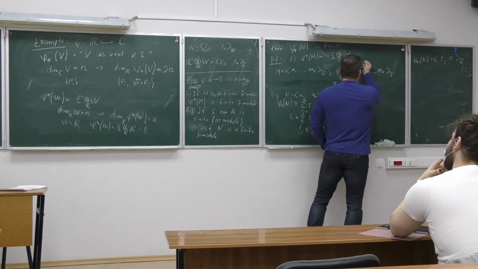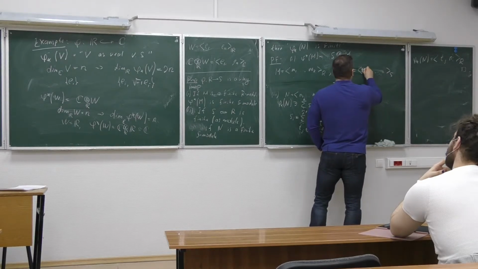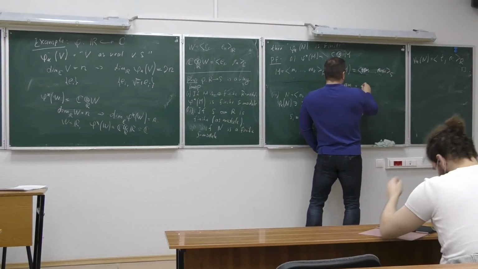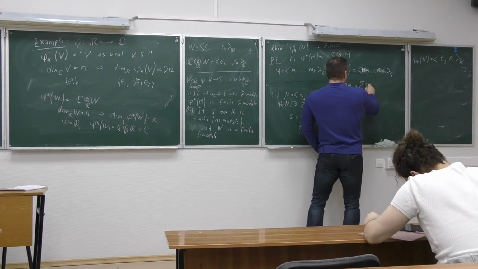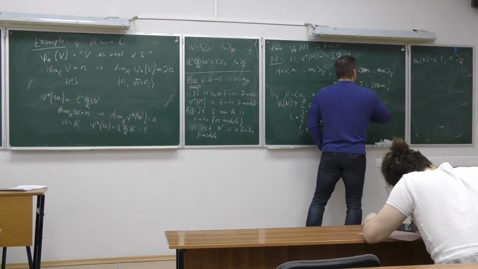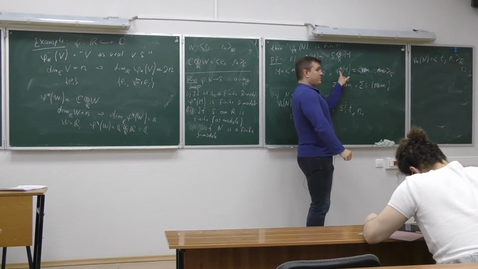To be completely precise, I want to write not just these things, I want to write 1 tensor M1, 1 tensor Mk as the generators, because this is exactly the sum Si, 1 tensor Mi, and this is how Si is multiplied on an element in the phi upper star.